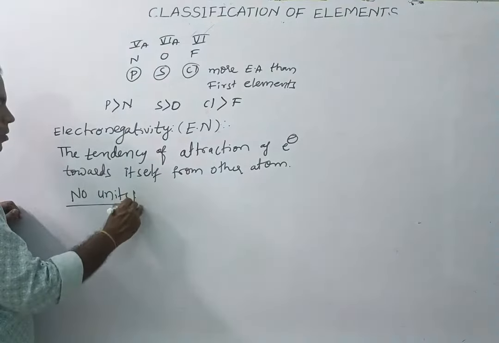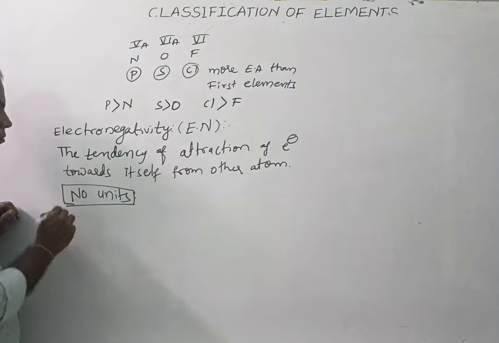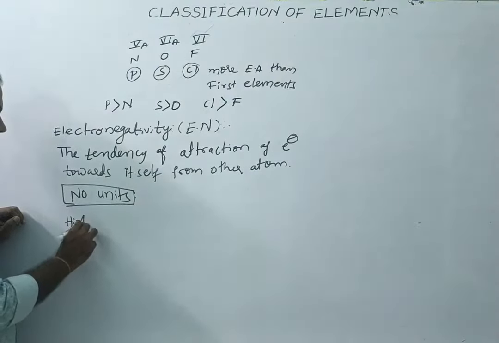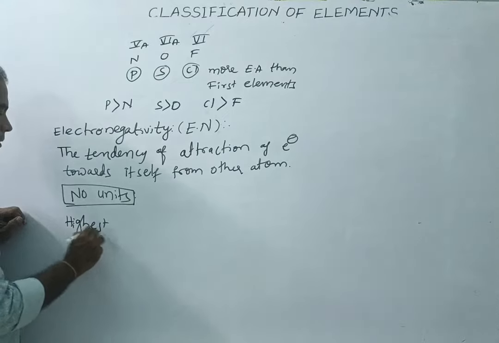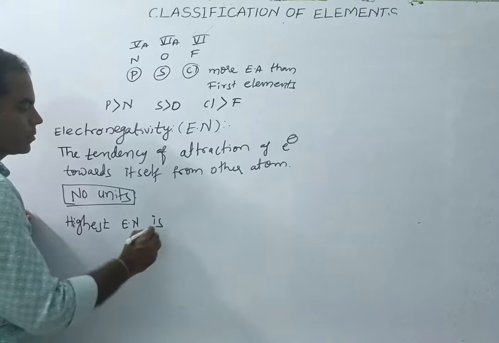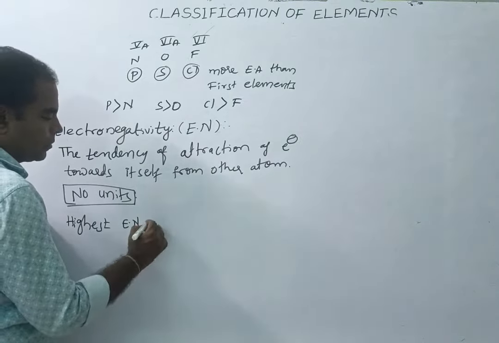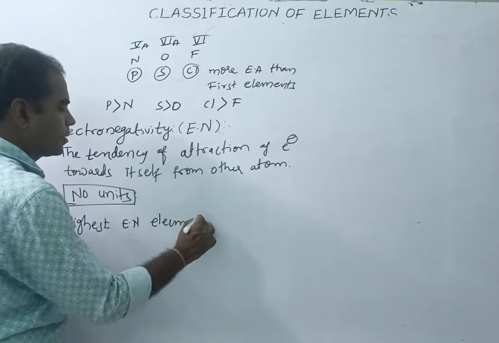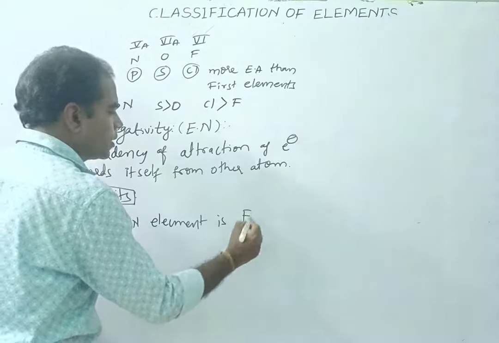The highest electronegative element is fluorine.